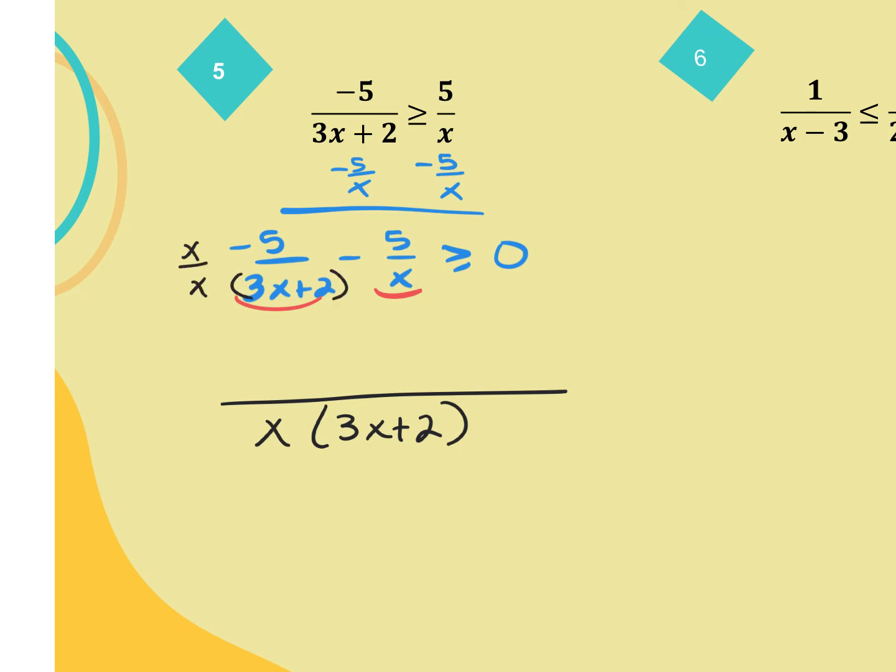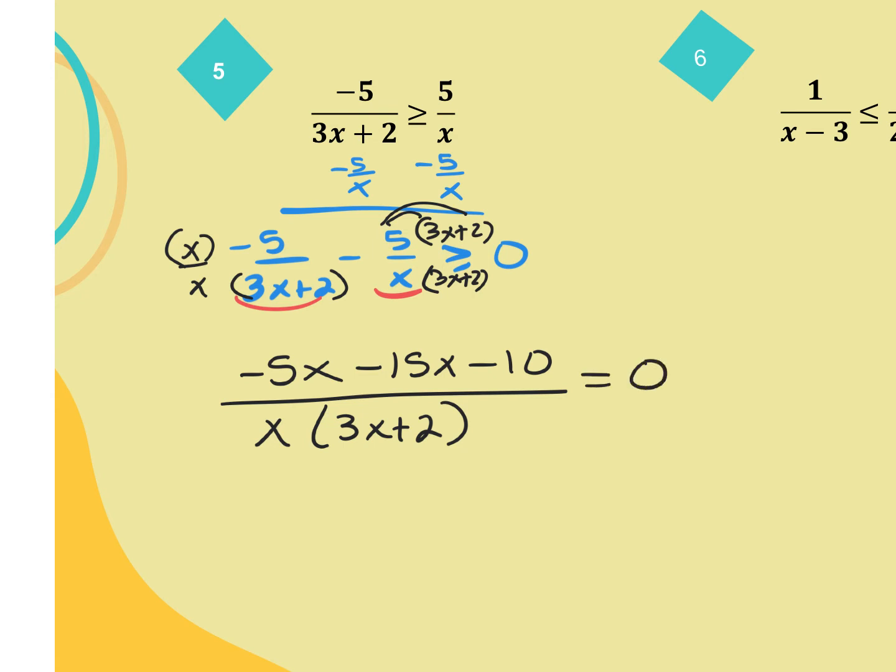The second fraction was missing the 3x plus 2. I need to distribute this -5 to both of these, and then I need to multiply the -5 and the x. So once I distribute that -5, I get -15x minus 10.